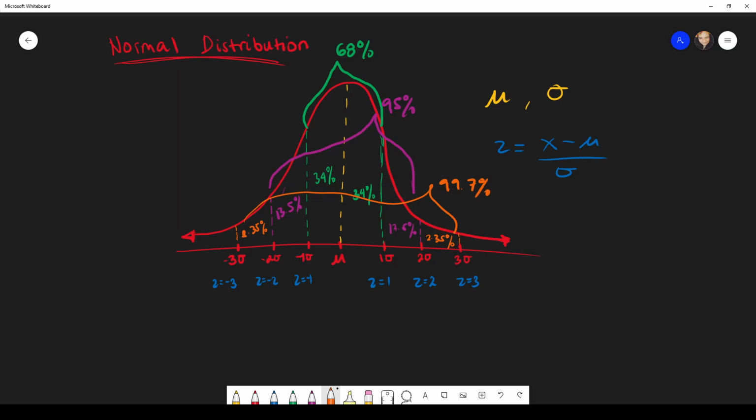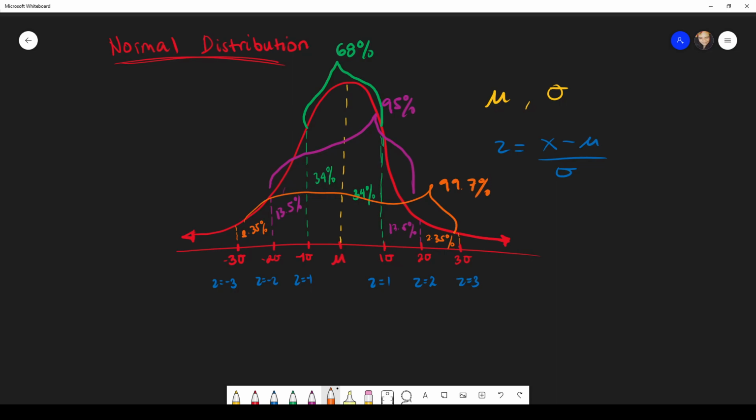The percentage that is two standard deviations above the mean would be 34% plus 13.5%, roughly 47.5%. That's 47.5% above the mean plus 47.5% below the mean, and when you add them together, you get 95%.